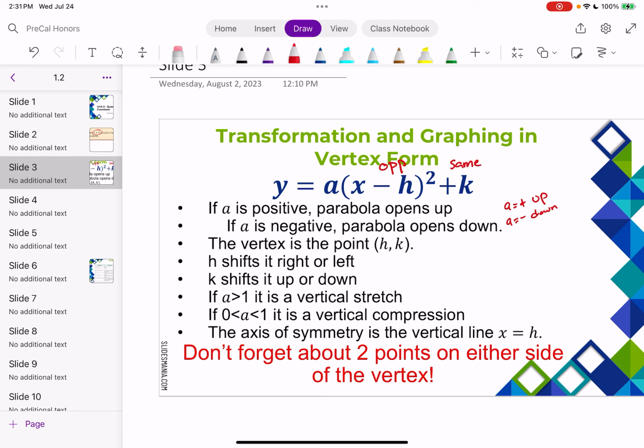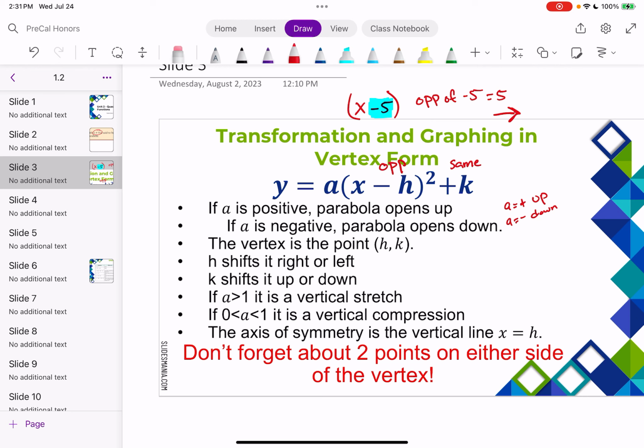Instead, we're going to do the opposite of that. If it said x minus 5, we're going to take a look at the negative 5 and do the opposite of it. In this case, the opposite of negative 5 is 5. So we're going to move right 5 steps.